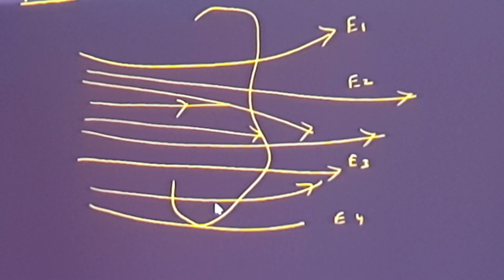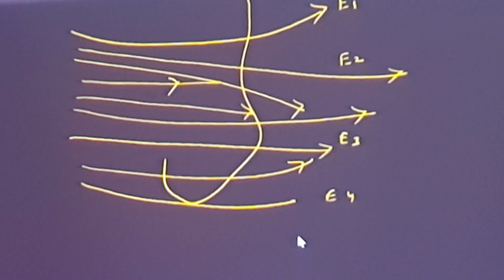So in this case, how can you calculate the electrical flux? In order to calculate the electrical flux in this case, I am separating the entire area into small area segments. What do you mean by that? The whole area that is available here is separated into infinitesimally small areas.